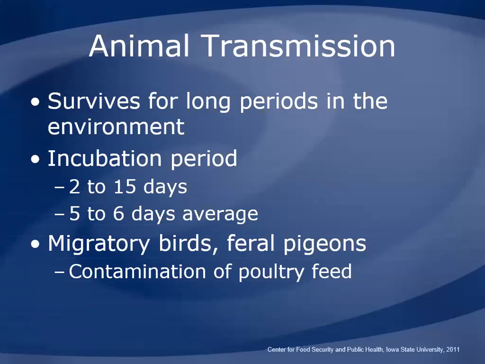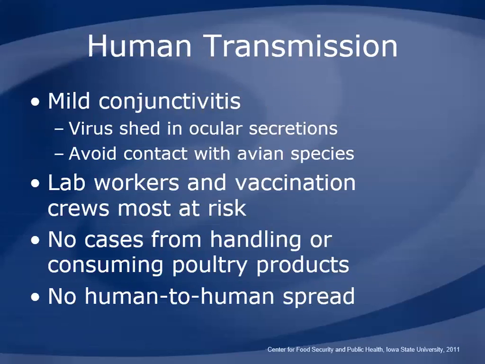The virus survives for long periods in the environment. The incubation period of this disease is 2 to 15 days, and on average 5 to 6 days. Migratory birds or feral pigeons can cause contamination or spread this disease. Contamination of poultry feed can be a source of transmission for this disease.